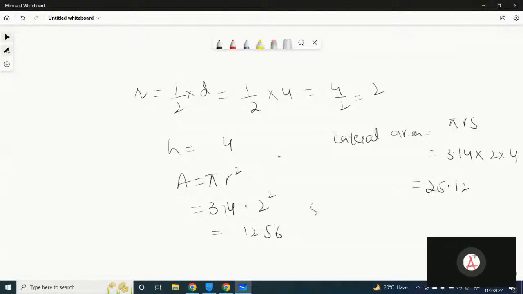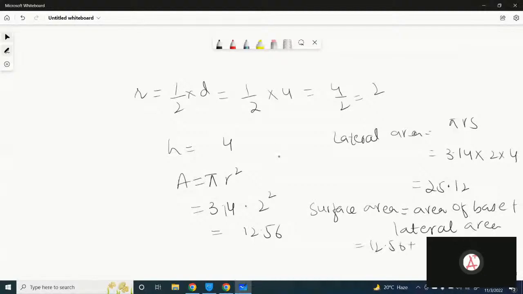For the surface area, you have to add both the areas. Got it? The area of the base plus the lateral area. You have to add both areas, so it would be 12.56 and 25.12, and it makes 37.68.